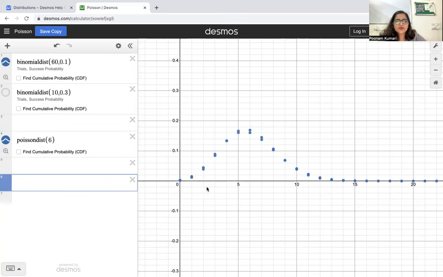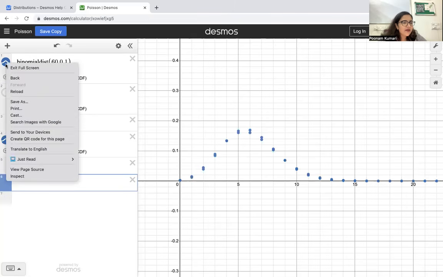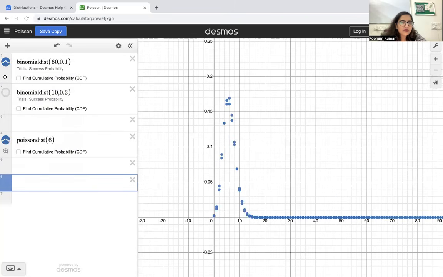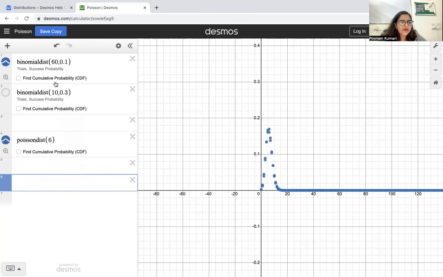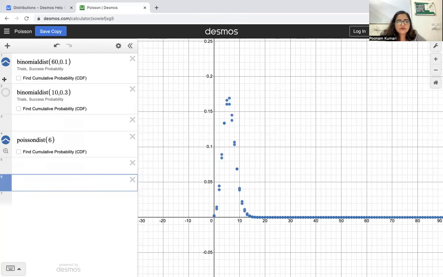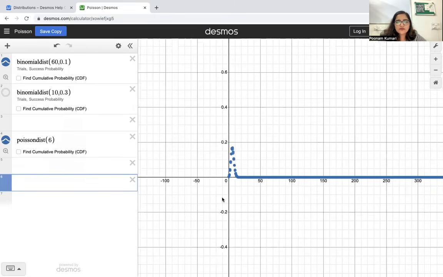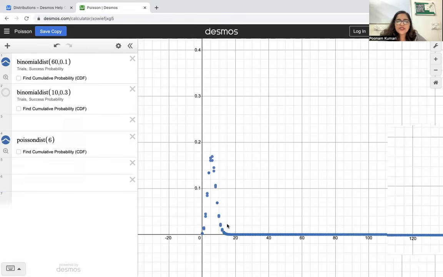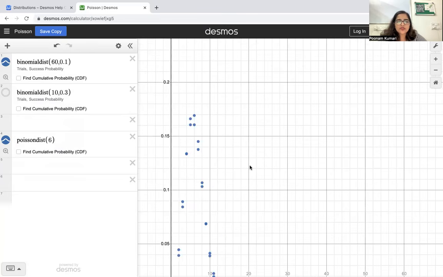And this is my distribution. And let me just change the color of this. Why do they have the same color here? So can you see that these numbers are very, very close?